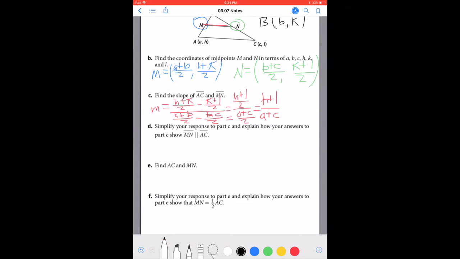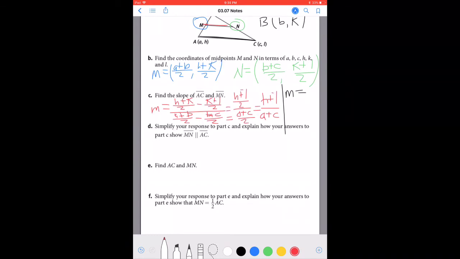The slope for our third side won't be too bad, but it looks like I ran out of space, so let's try to do this kind of weird. The slope is equal to y2 minus y1 on top. So I messed up.